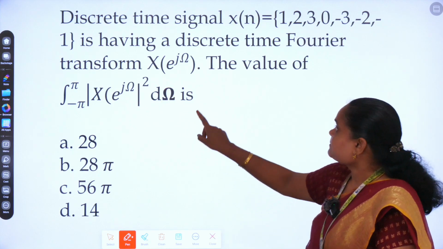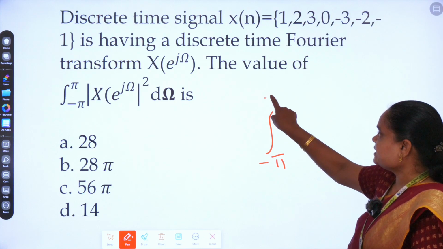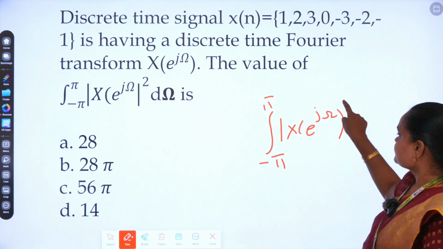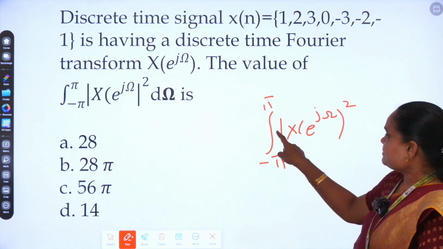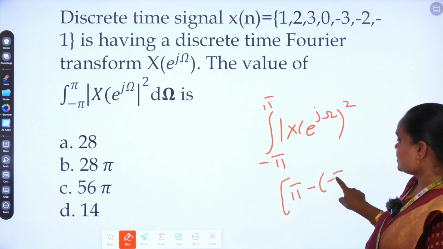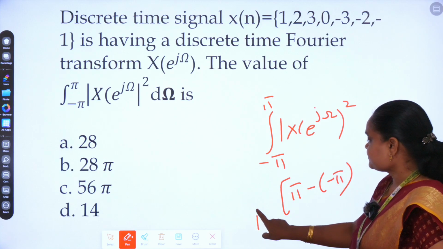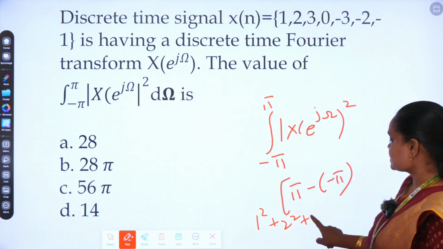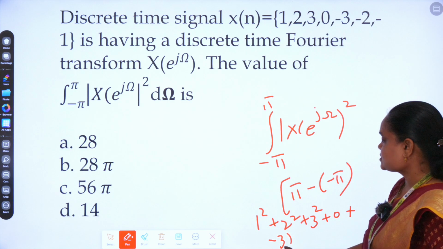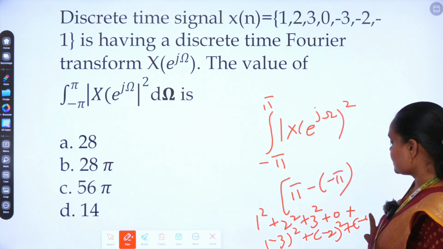We apply the limits: upper limit pi minus lower limit minus pi, and then the sum of squares: 1 square plus 2 square plus 3 square plus 0 plus minus 3 whole square plus minus 2 whole square plus minus 1 whole square.